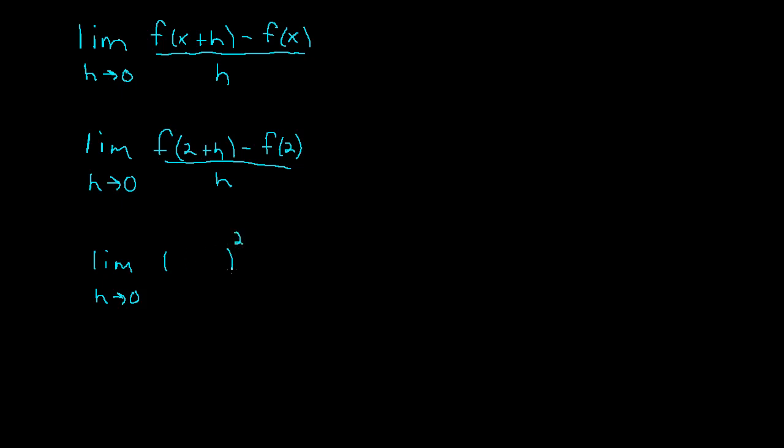So here's my original function, my input squared, and I simply plug into my parentheses whatever's in here. So this is 2 plus h. So this right here is really this guy. That is f of 2 plus h right there. Minus what? We're going to subtract f of 2. Well, what is f of 2? That's going to just be 4. 2 squared is just 4.